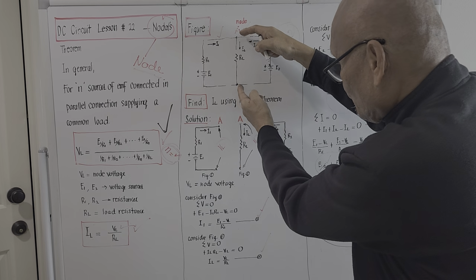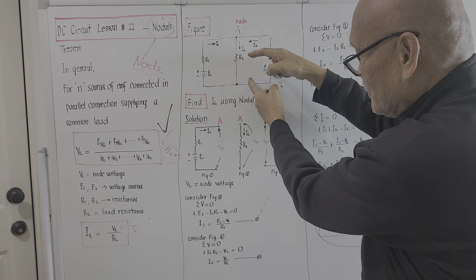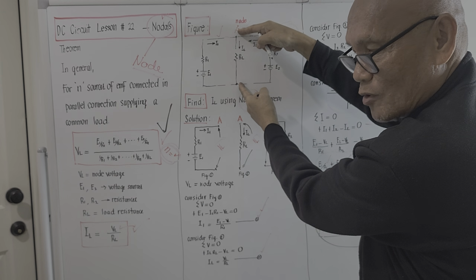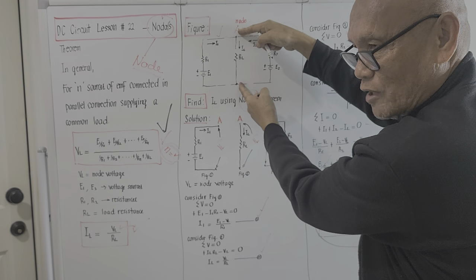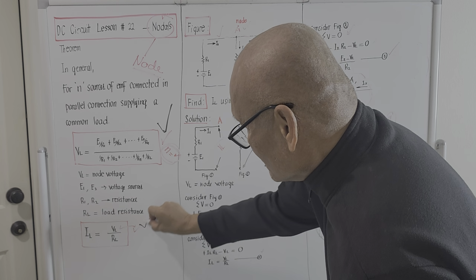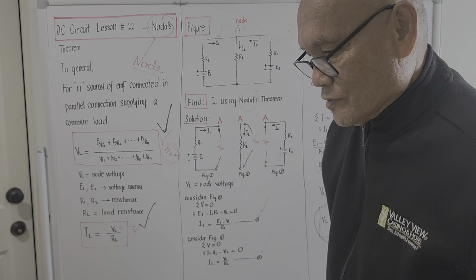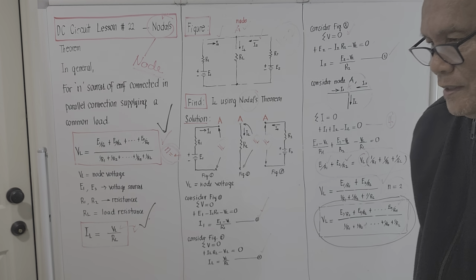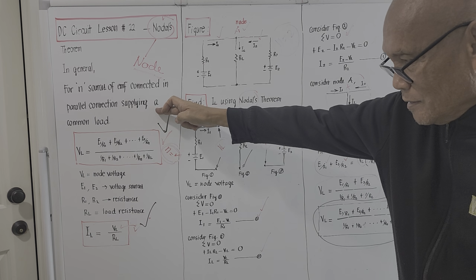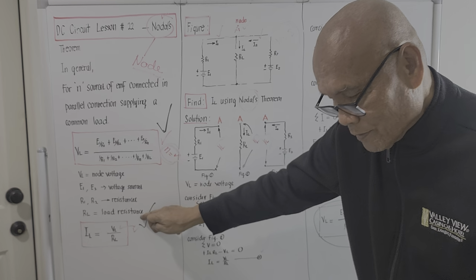And as soon as we could compute for the voltage across this, the current passing through this common load will be the voltage across this, which is the so-called node voltage, that's why it's Nodal's theorem, divided by RL. This is represented by this. Okay, that's it. That's the concept of Nodal's theorem and the derivation of the formula of the node voltage. And upon the computation of the node voltage, we could compute for the required current.